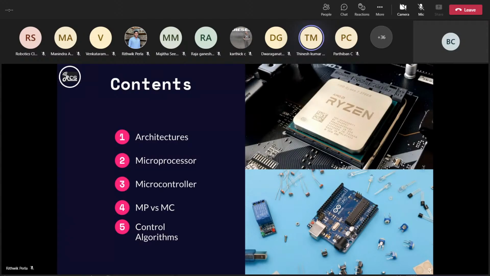I think you all might already know about microprocessors, right? Can you just list out the microprocessors out there in today's trend? Which are the latest microprocessors you have seen? Just put it up in the chat box. Just let us know what you know. I just want to know what kind of microprocessors you know.